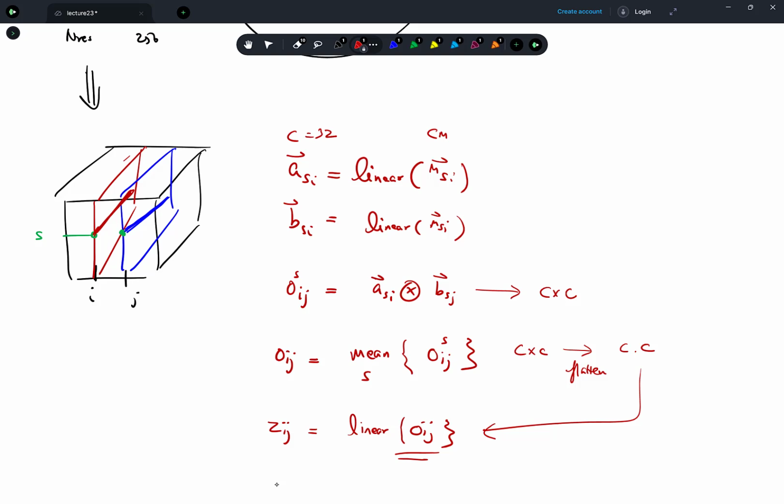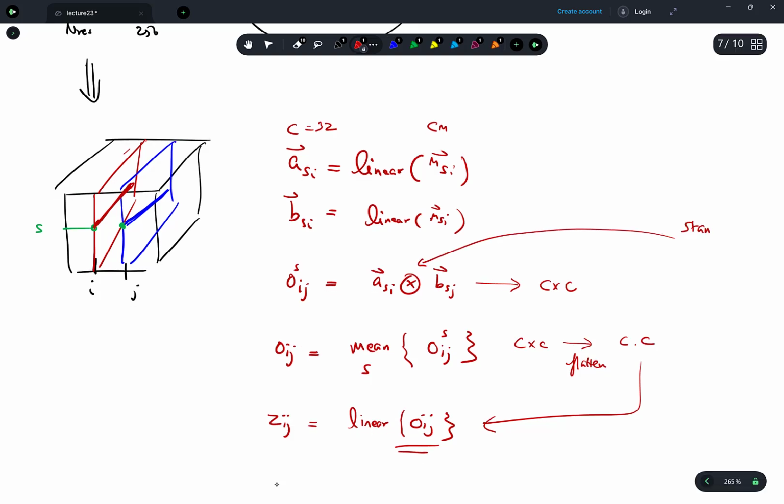If you have a C by one vector and another C by one vector, you do the outer product, you get a C by C matrix. So it's technically the vector outer product. Don't get confused by this. This is your standard vector outer product.